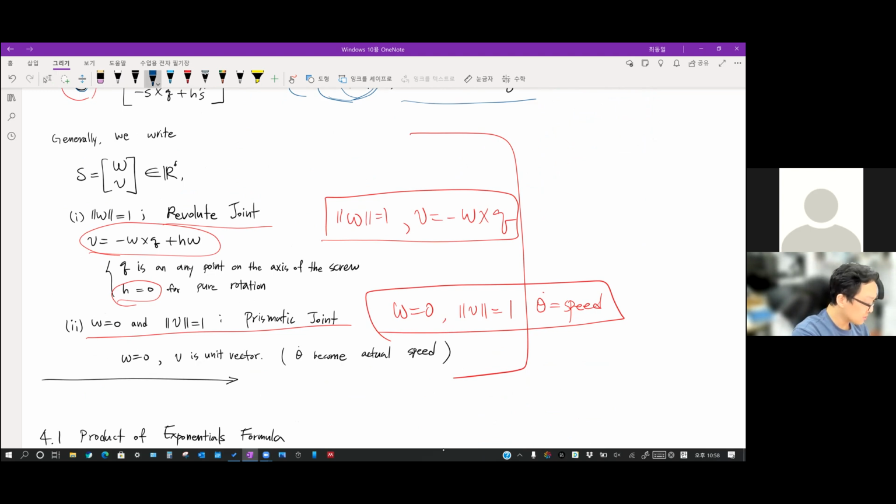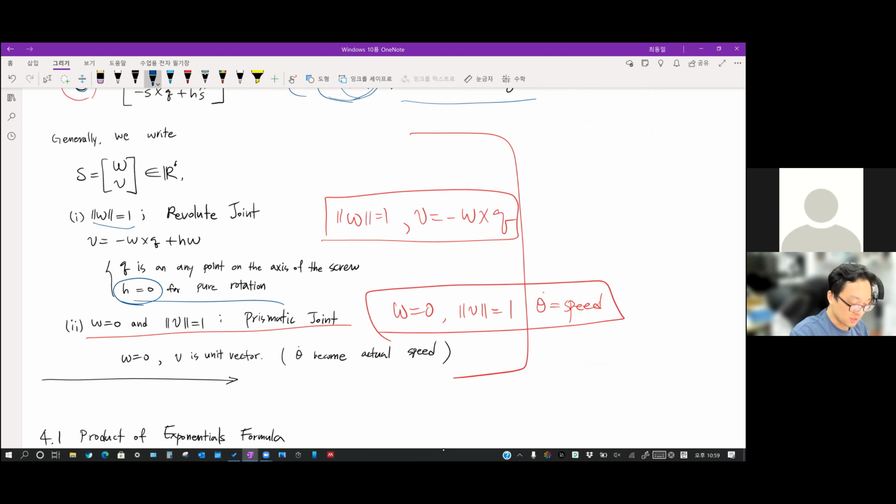When omega hat, the size of omega, equals 1, it is usually a revolute joint. And if h equals 0, that means pure rotation.